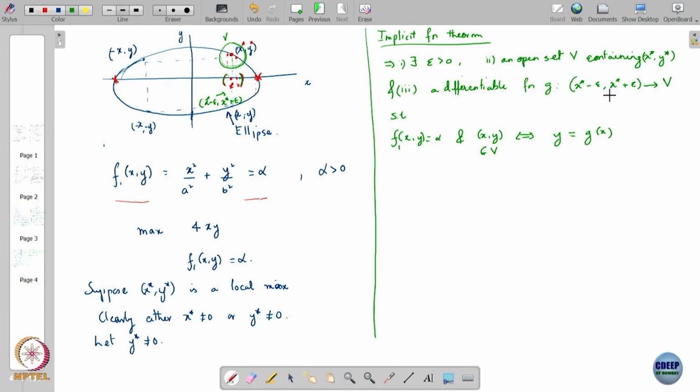So, take any point on the ellipse, it can be expressed this way. The reverse is also true. Take any x in this neighborhood here, evaluate the function, and lo and behold you get a point that's bang on the ellipse. This is what formally it means to solve for y in terms of x. So, you got y in terms of x.